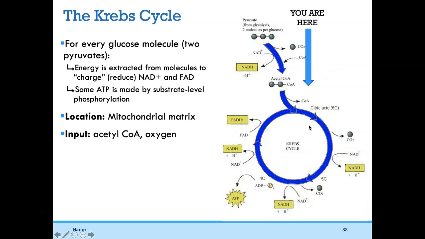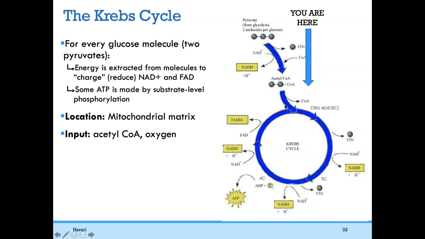So it's citric acid that's going to be oxidized step by step in a cycle, and energy will be released stepwise, little by little. So citric acid will be oxidized, and CO2 will be released at each step. Right? So I want you to understand the basics and the concept of this, right?